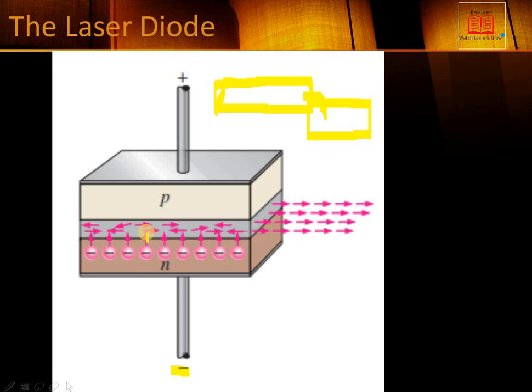When the photons go in this direction, due to the resonant cavity, many photons are released in huge numbers and try to go here and there, and there is no way to emit.